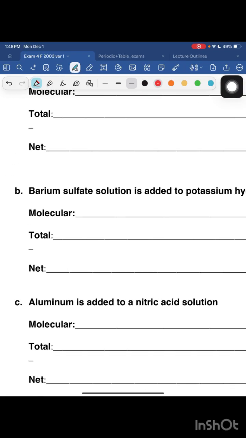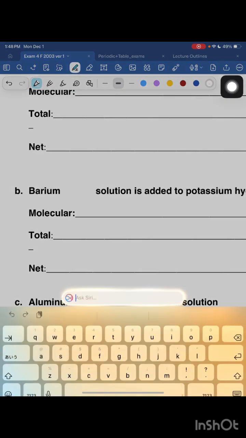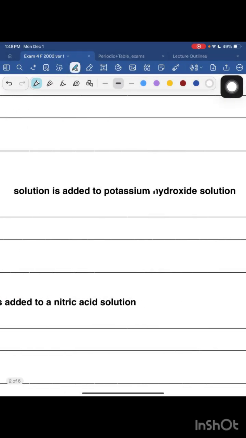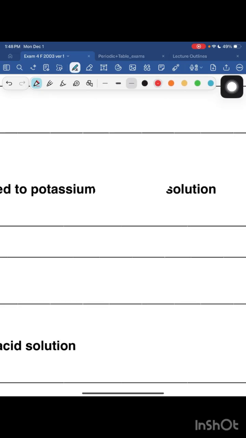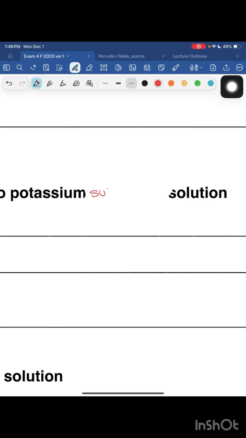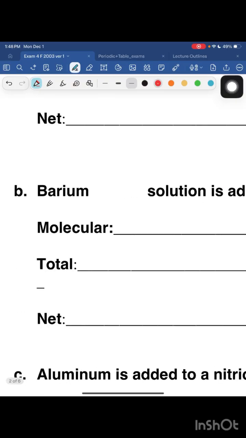And over on this one, because spoiler alert, it's going to do the same thing. And they don't make it that easy. Why would they ever make it that easy for you? So we're going to start with potassium sulfate and barium hydroxide.